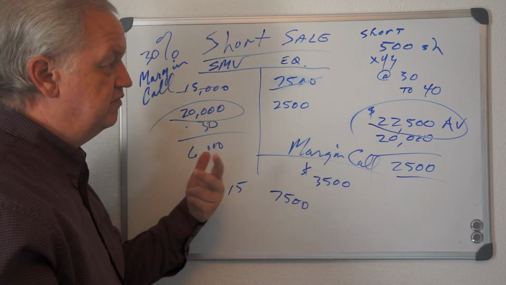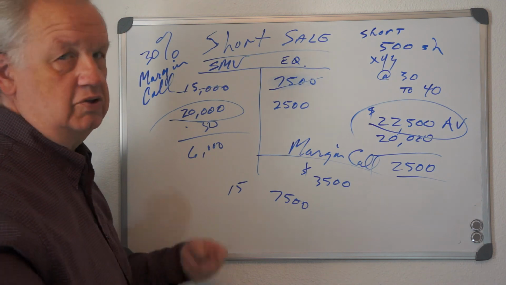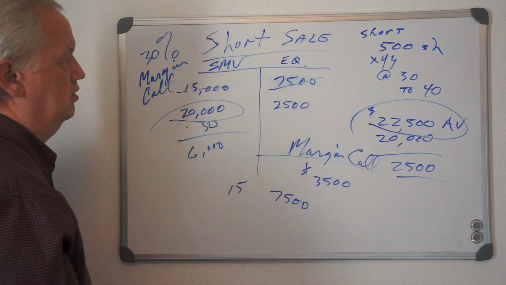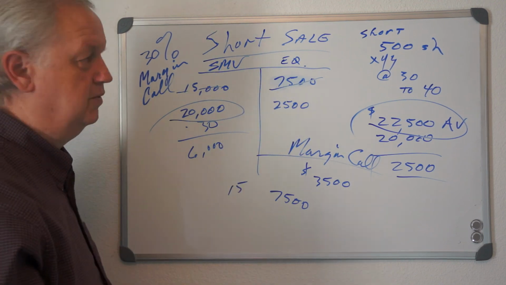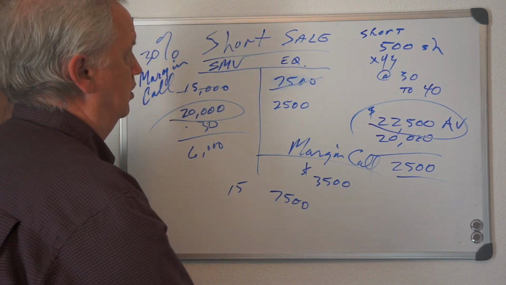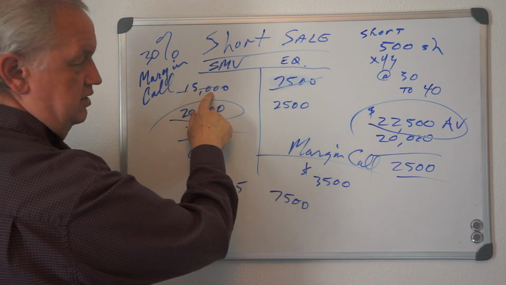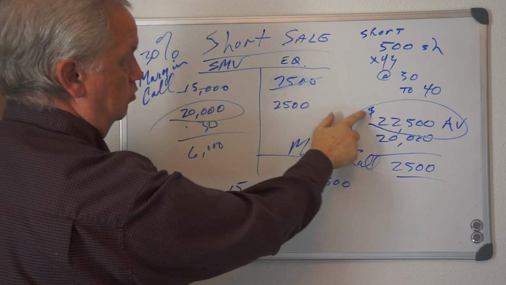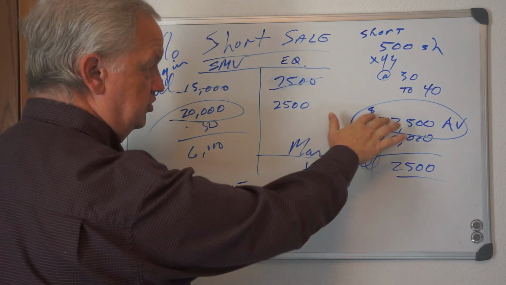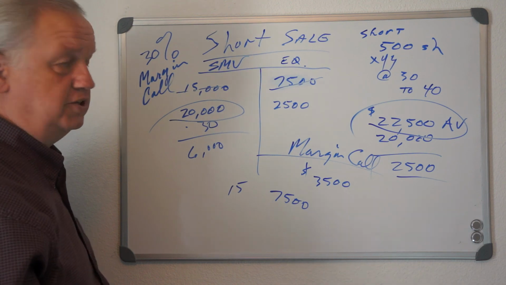Now you got $15,000 in equity instead of the 7,500 you had to come up with there. And this is basically the sale proceeds, and that equals the account value. That's what you're getting the interest on. Some of it is your money, some of it is the money there. That's margin. That's short selling.